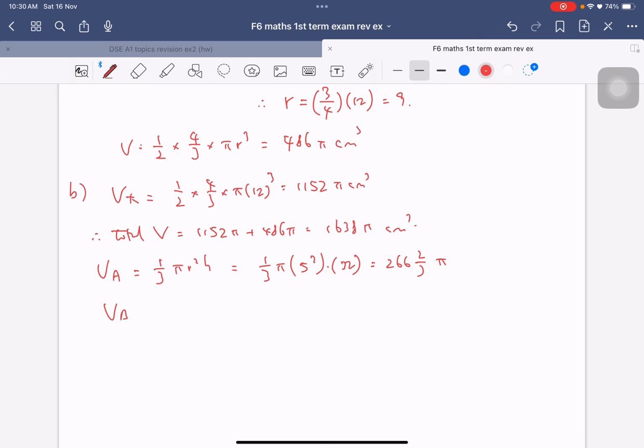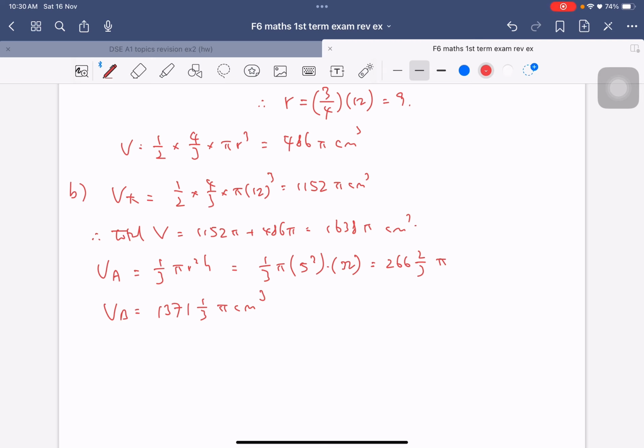So VB should be equal to the remaining volume, using 1638 minus this, giving you 1371 and 1/3 pi cm cubed.